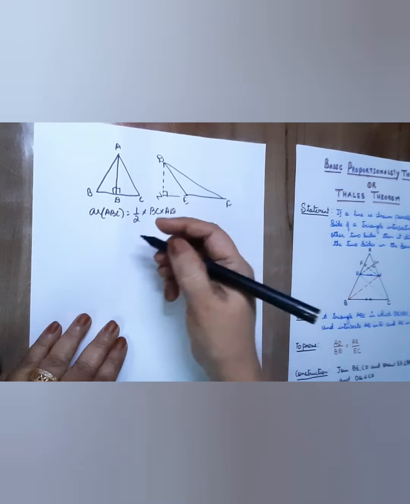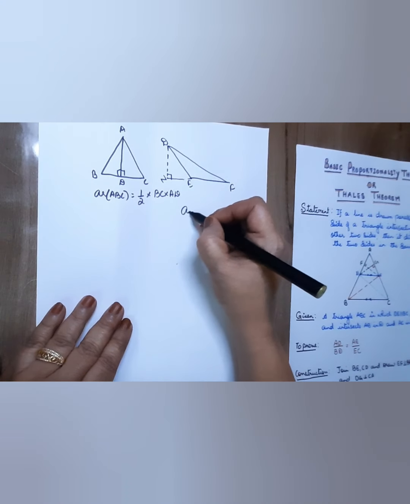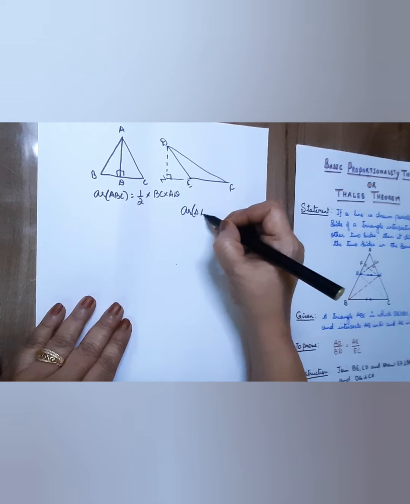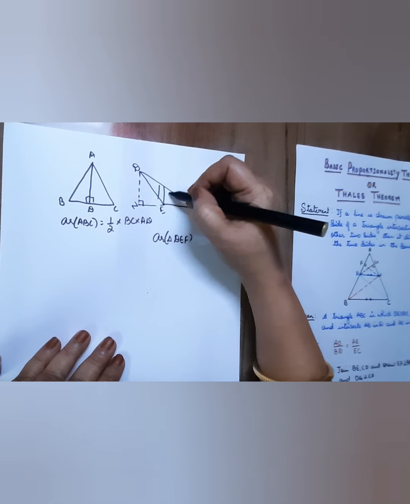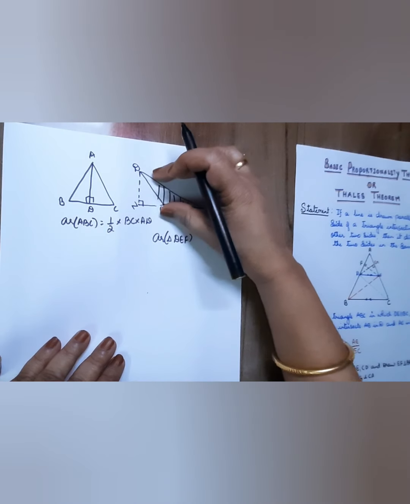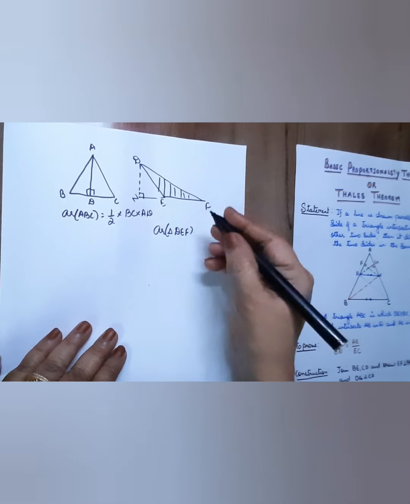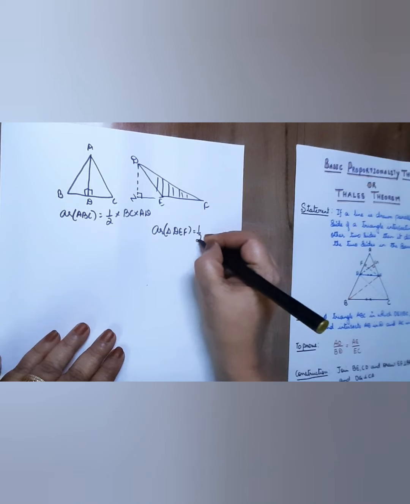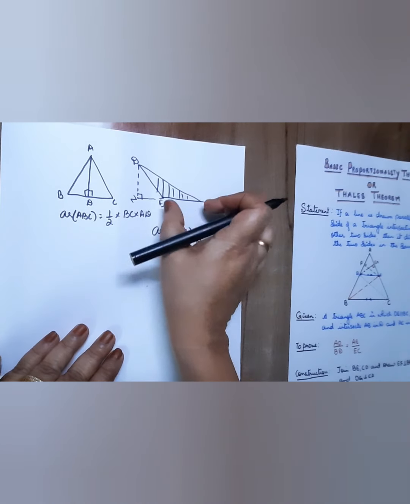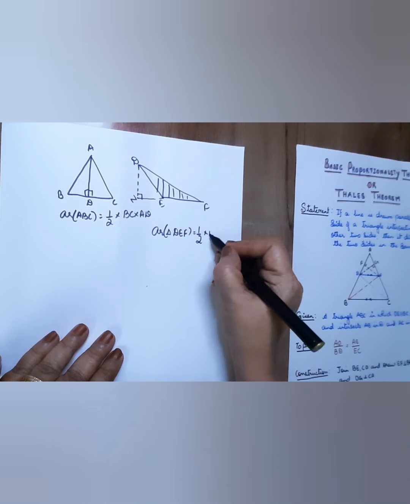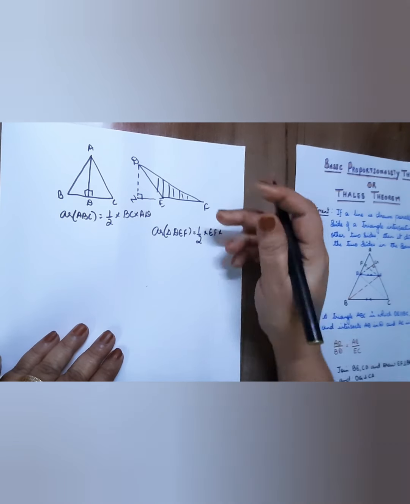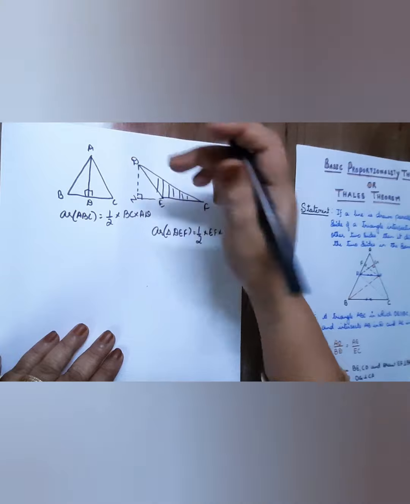So for this triangle, the area of triangle DEF, which we are referring to as obtuse, will be half, base EF, not NF, it will be EF only, and height will be DN.